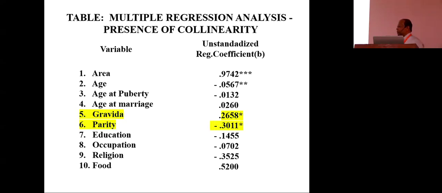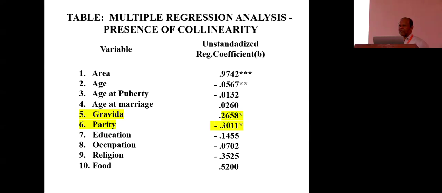So I would expect similar results for parity as well. Do you agree with me? Because they're all similar, except for abortion. But parity is showing a negative correlation and the value is 0.3. What does it say? It says that as parity, the number of live births, increases, the cycle length decreases, and so on. So do you agree with this?